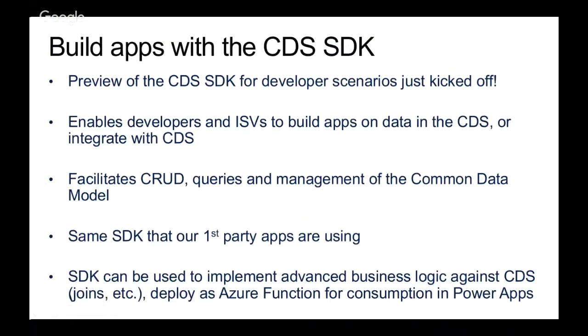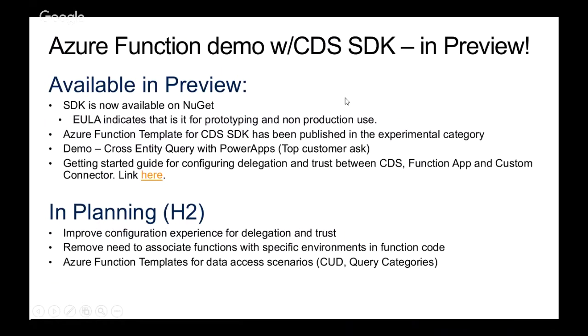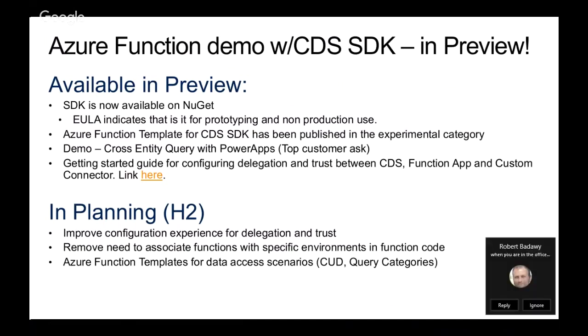So the SDK in preview can also be used with Azure Functions. This is another announcement that we made at Build, which is a template that we introduced for Azure Functions that uses the CDS SDK.